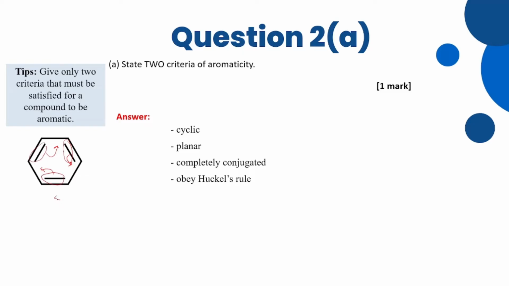According to Huckel's rule, we have 4n plus 2, which is 6 pi electrons. So when we determine the value of n, 4n is equal to 4 pi electrons, we have n equal to 1. When n is an integer, therefore it obeys Huckel's rule. So any of these two answers can be accepted. Okay, that's all for question 2A.